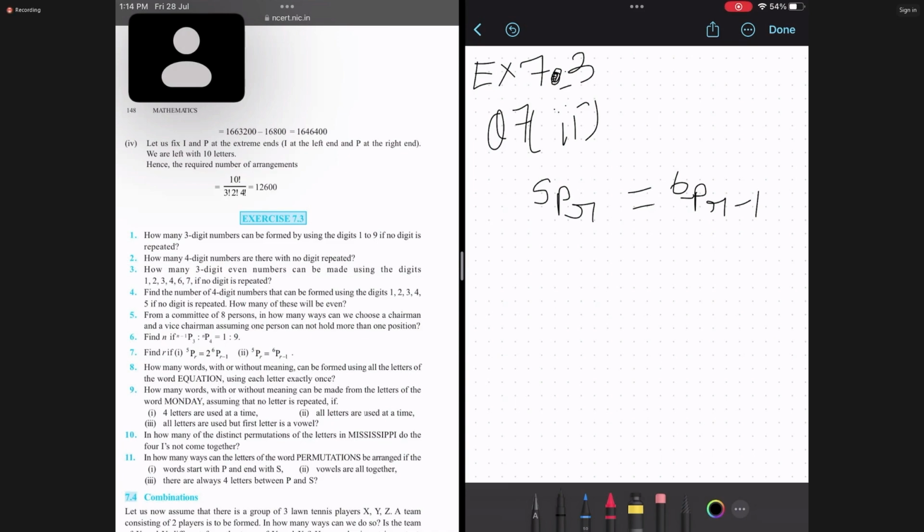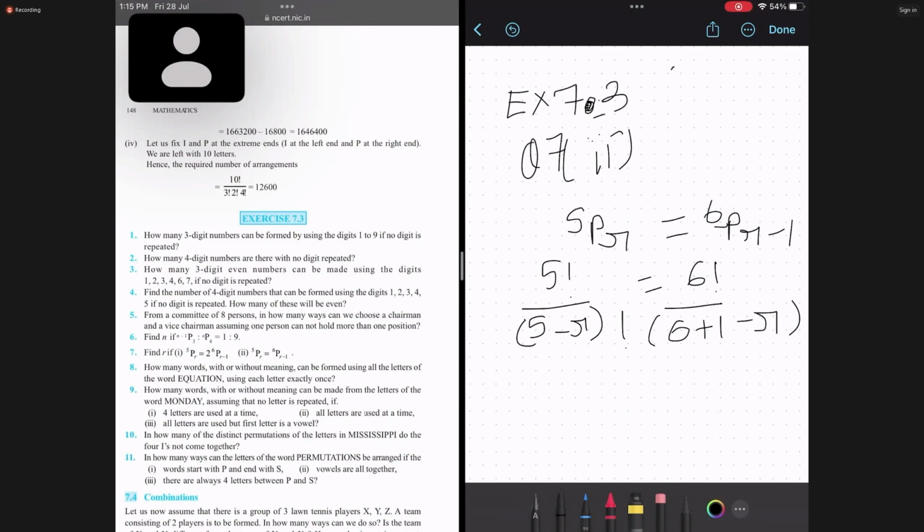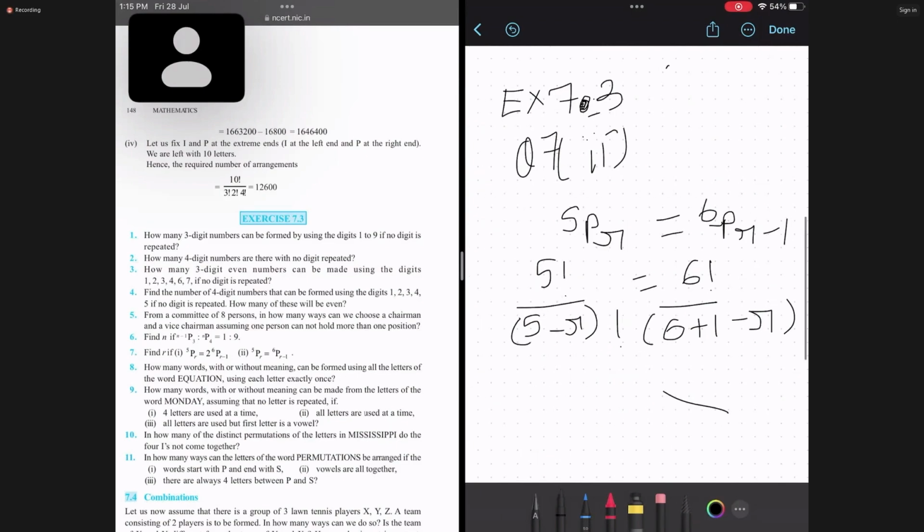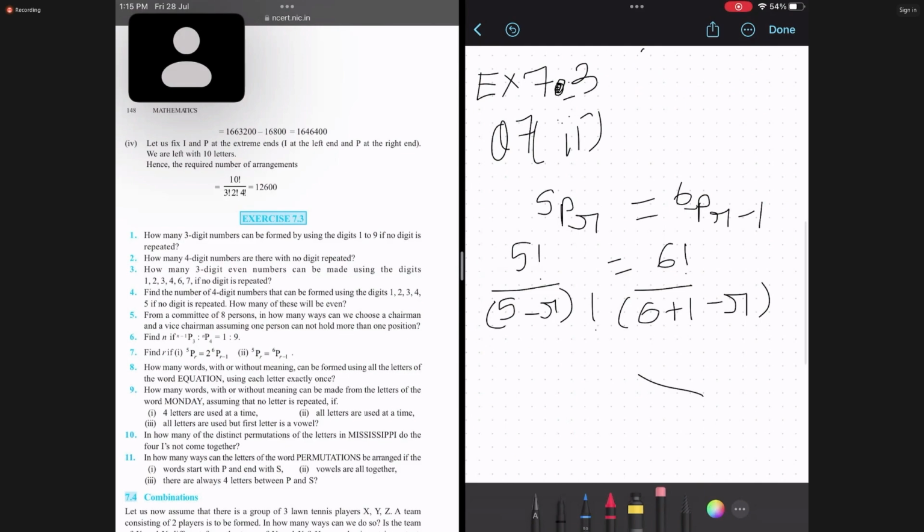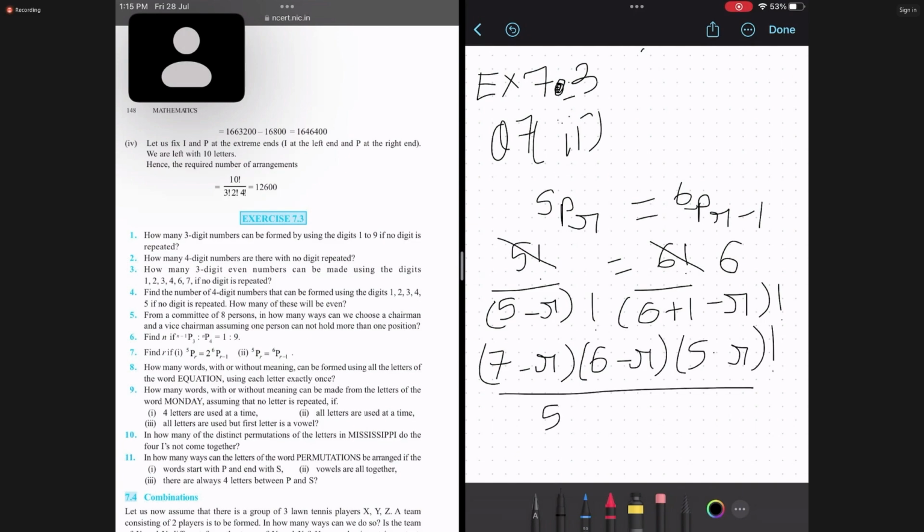So 5pr is 5 factorial upon (5 minus r) factorial, which is equal to 6 factorial upon (6 minus 1 minus r) factorial... Cancelling this out, we have 6, and we have (7 minus r) into (6 minus r) into (5 minus r) whole factorial upon (5 minus r) factorial is equal to 6.